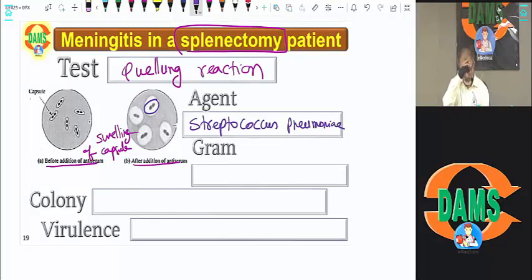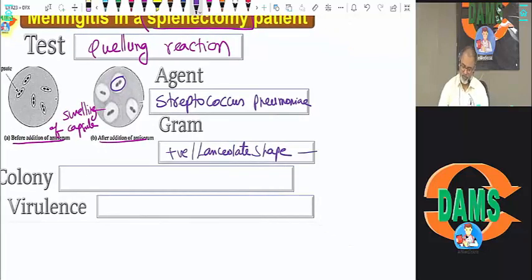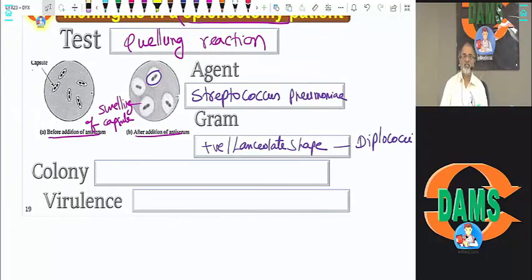Gram stain, yeah, gram positive, flame shape or lanceolate shaped diplococci in pairs. What colony morphology? Draughtsman colonies.